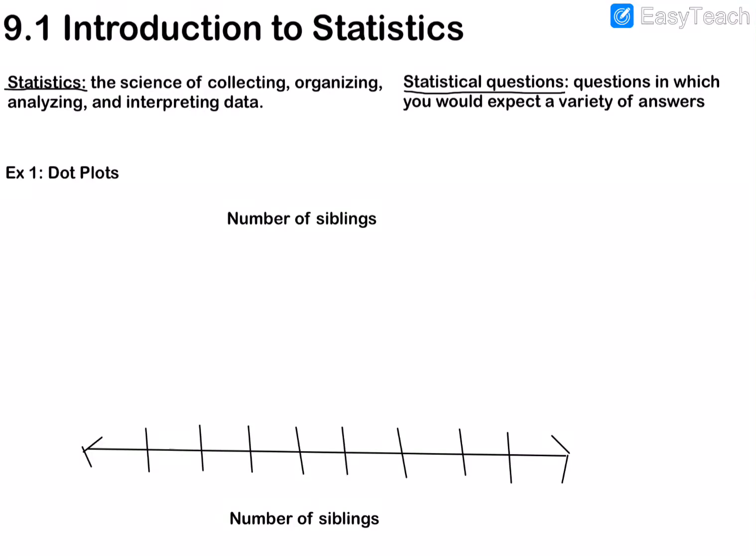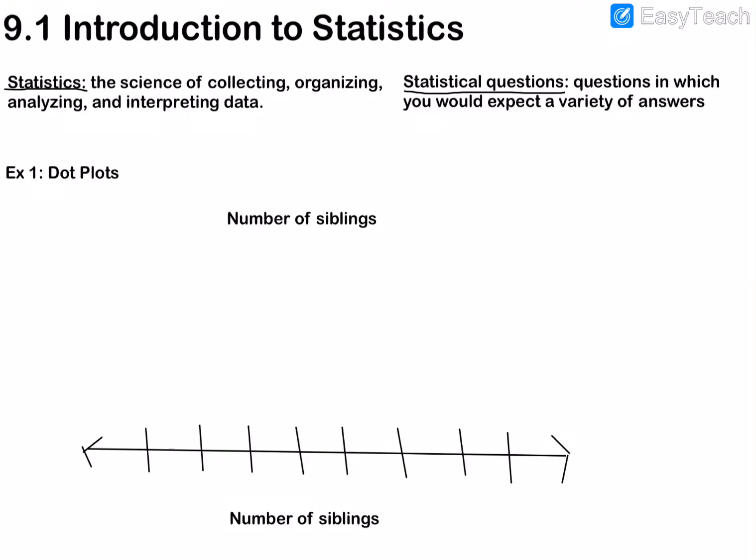So what I would have liked to have done was do this lesson in class where I would ask each of you, there's 18 students in class, and I would ask each of you how many siblings you have, and we would write down that data set.